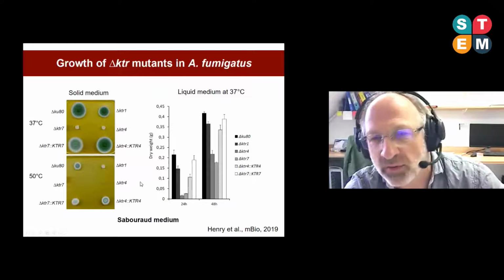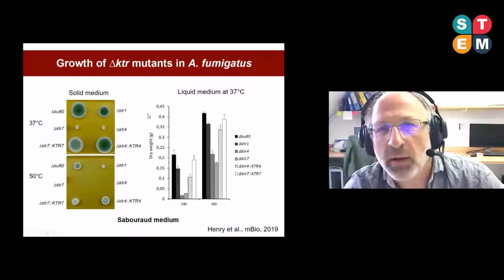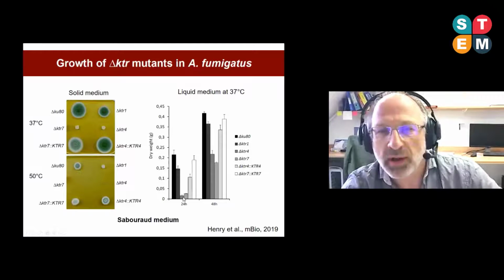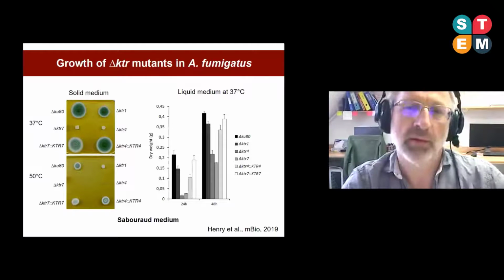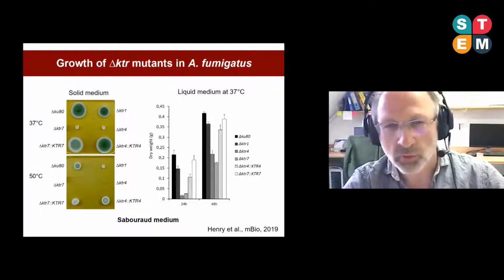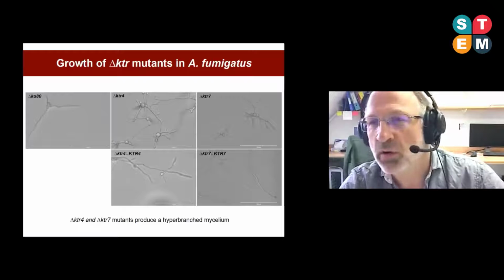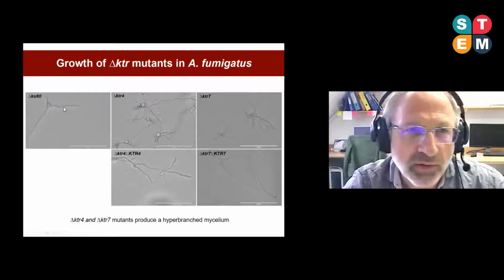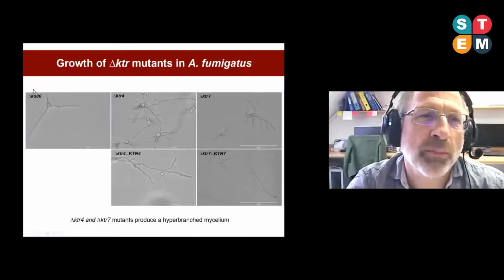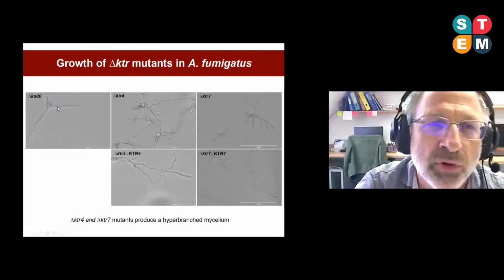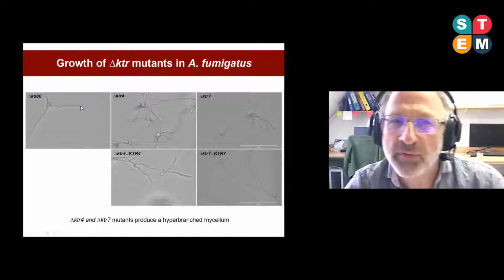And we observe the same phenotype in liquid medium, where these 2 mutants have a defect in filamentous growth. When we look at the morphology of the mycelium, here we can see for the parental strain, there are 2 spores here that produce linear hyphae.